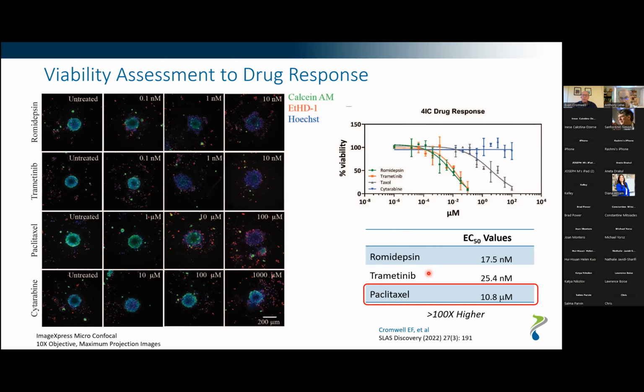And this was, again, consistent with the patient response, which was resistant to Taxol therapy. And so it's a very nice demonstration of being able to recapitulate the patient response by using their cancer cells drawn from their tumor and then grown up into organoid models and then treated in our Puma flow chips.